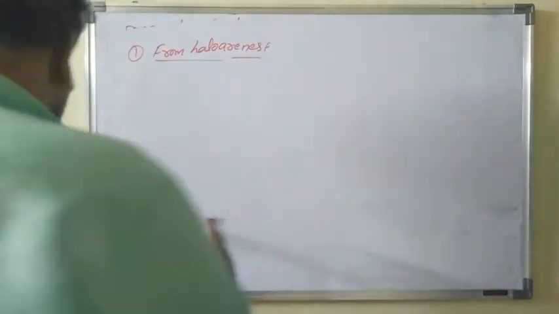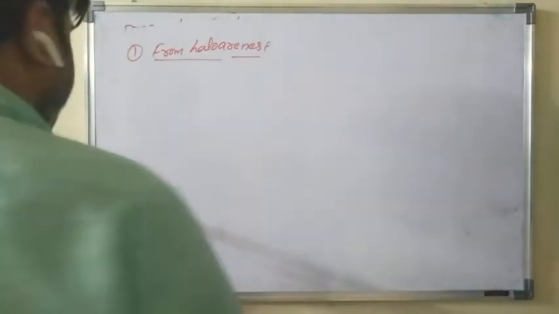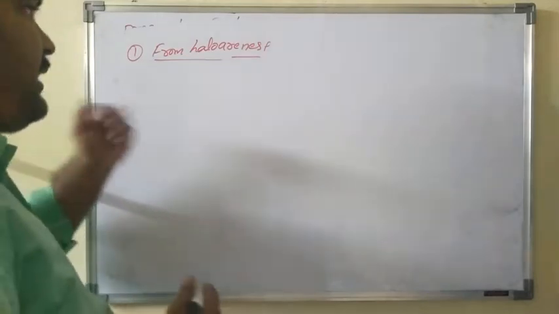Haloarenes means chlorobenzene, bromobenzene. Already you know this.